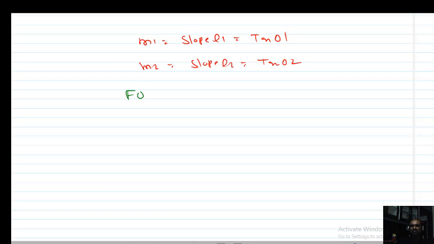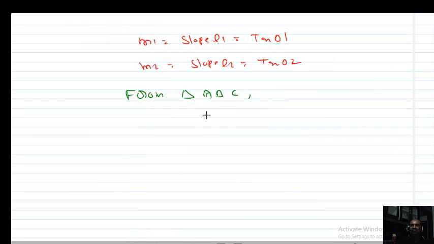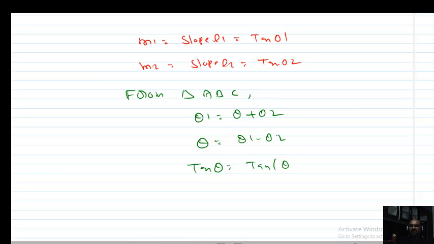From triangle ABC, see here, exterior angle equals the sum of opposite interior angles. Theta 1 equals theta plus theta 2. But I want theta equal to theta 1 minus theta 2. So tan theta equals tan of theta 1 minus theta 2.